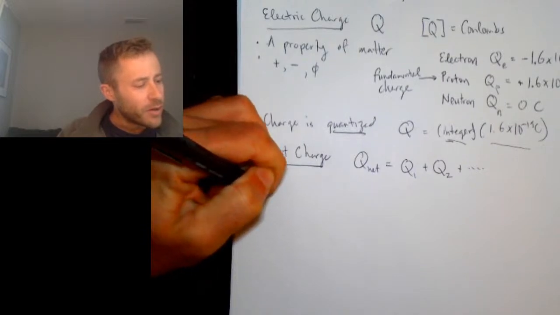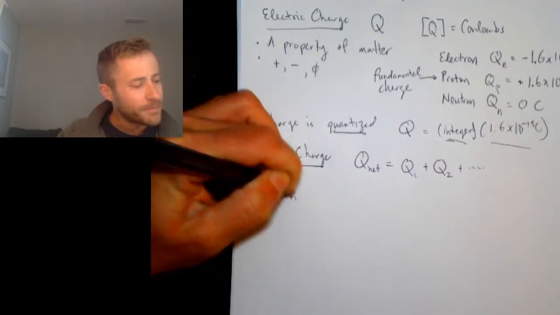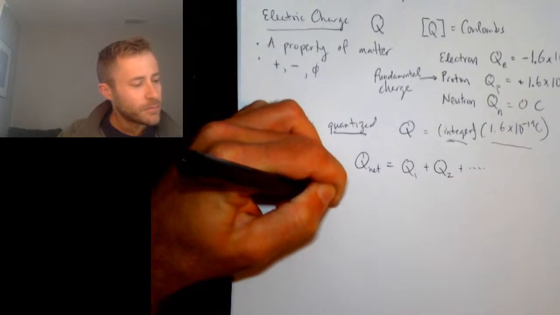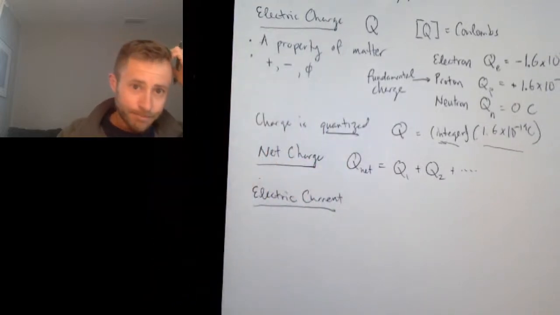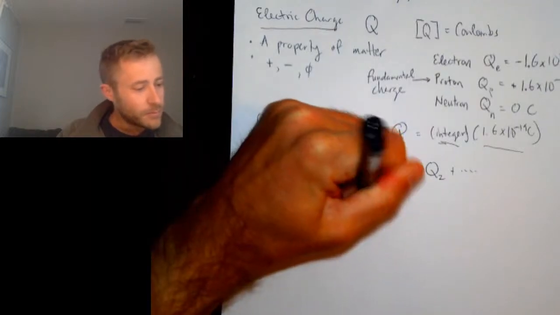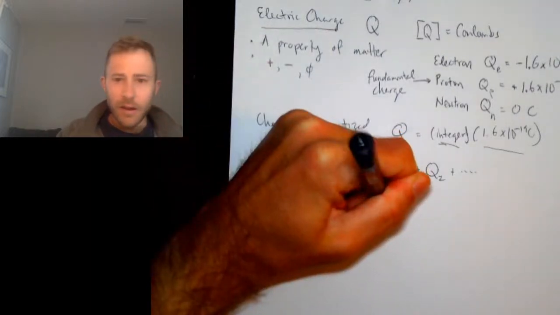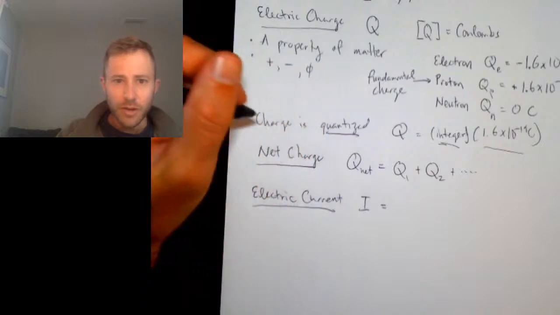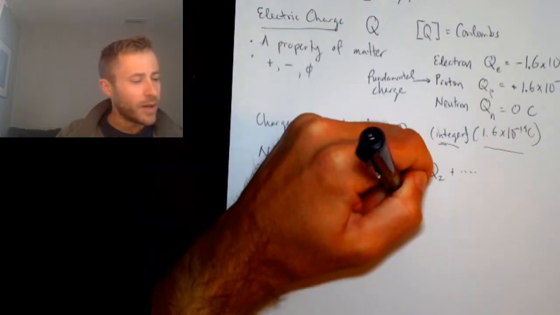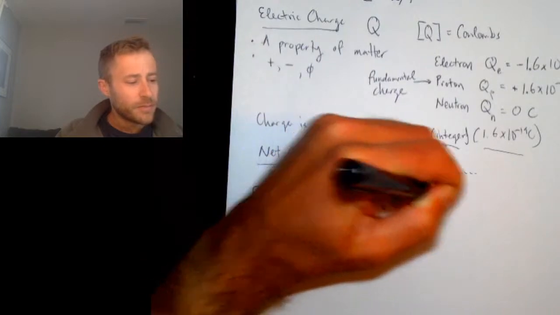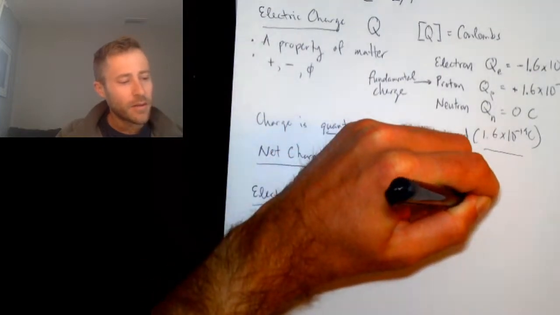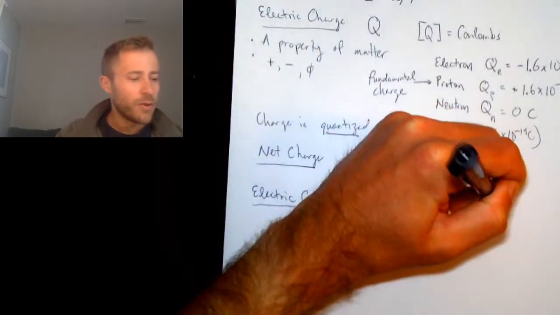There's a thing called electric current, which is denoted by I. And electric current is the amount of charge that flowed.